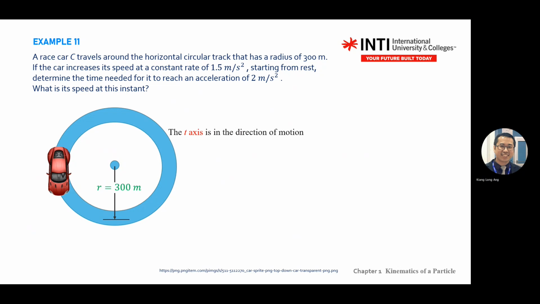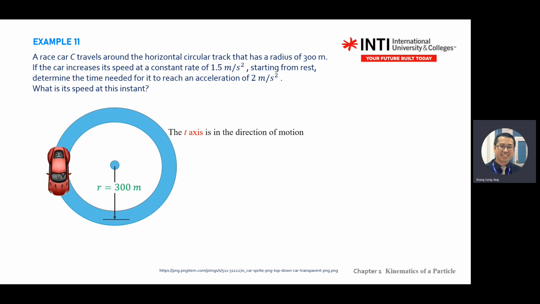Radius of 300 meter. Radius is given now. So if the car increases its speed at a constant rate, 1.5 meter per second squared, it gives you the constant rate now. Starting from rest, you know that your V starting is 0.